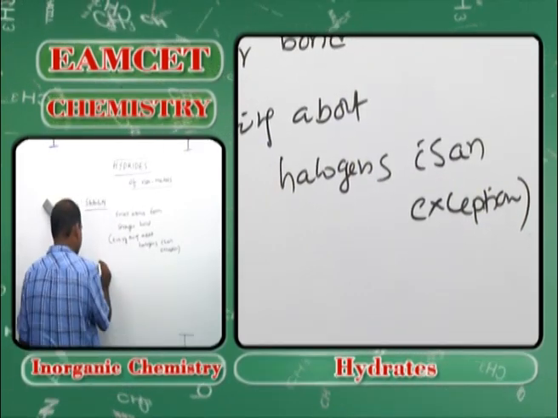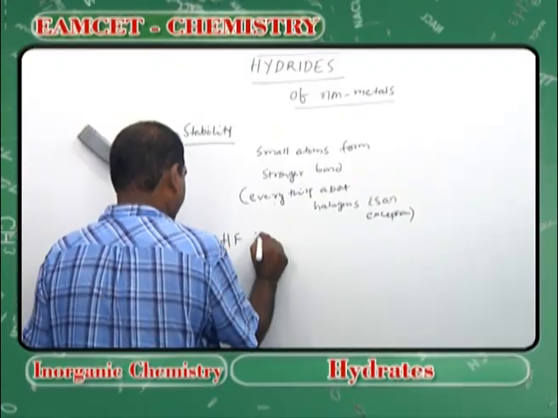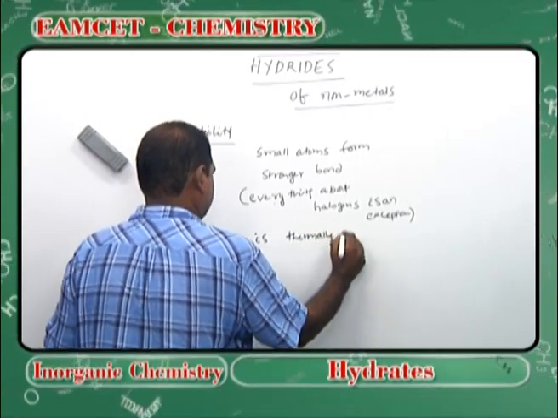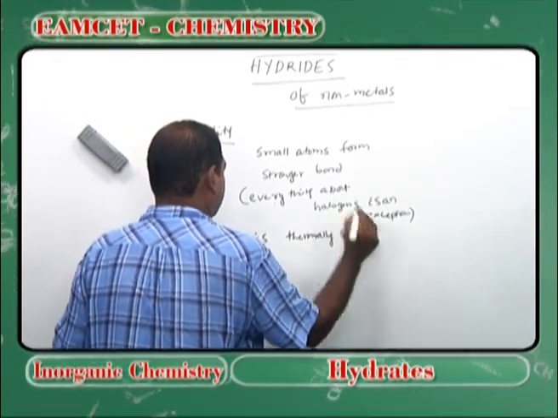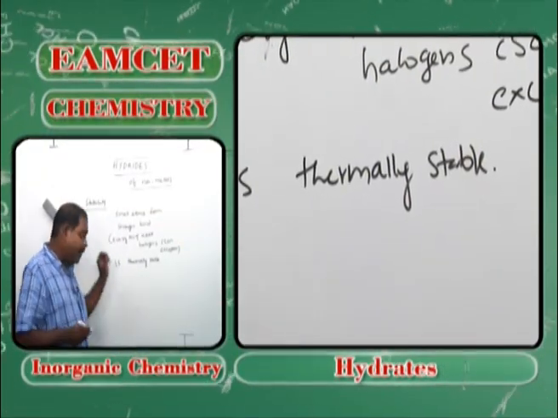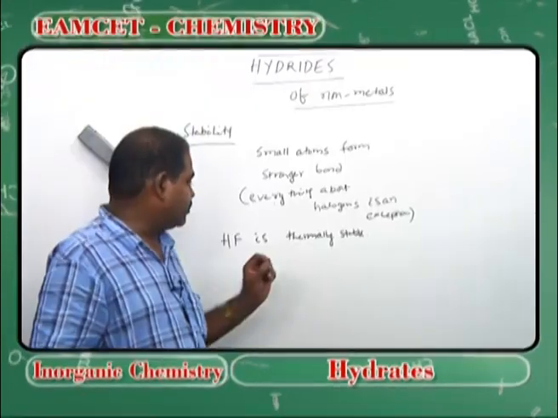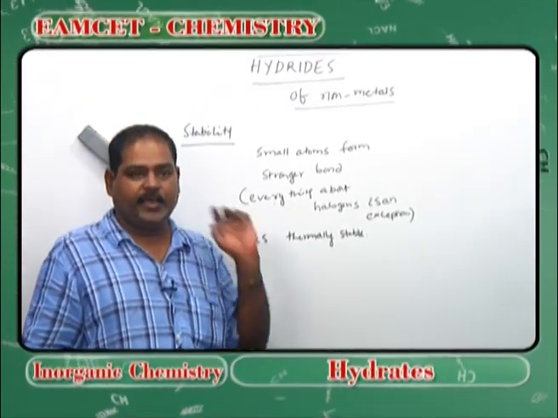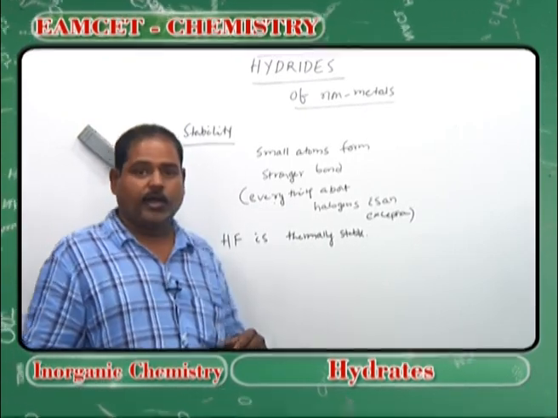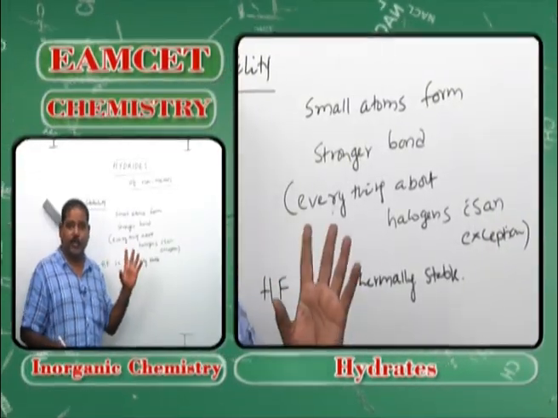So, when I say HF is thermally stable, what do I mean by that? HF on heating doesn't give hydrogen and fluorine atoms easily. That is what is meant by thermal stability. You heat HF to a temperature of 400, 500, 600.